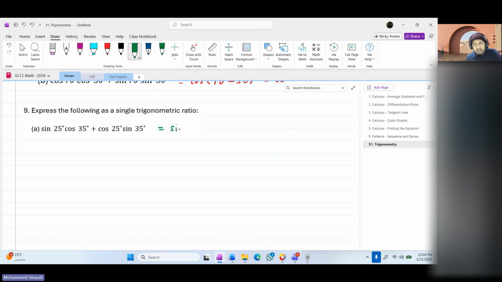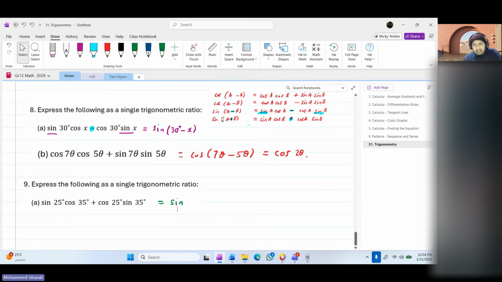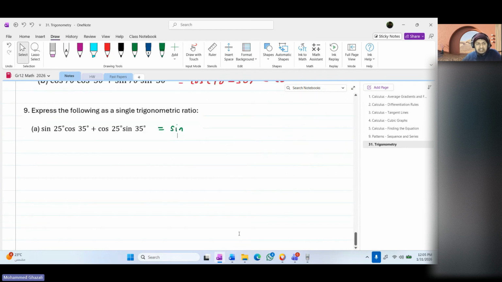That has to be sine, all right? Sine, cos, cos, sine. And because it's plus there, it has to be sine with a plus. So we just need to add up those two angles, 25 plus 35. And what's 25 plus 35? That is sine of 60.